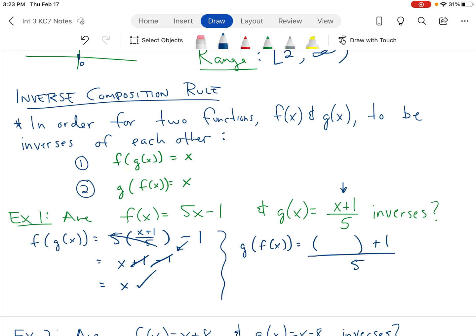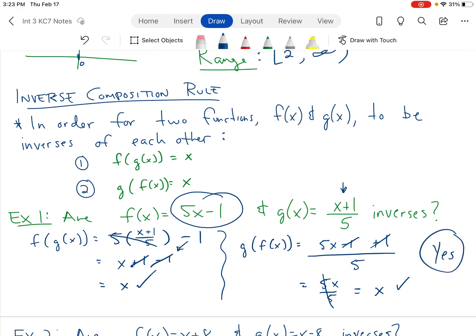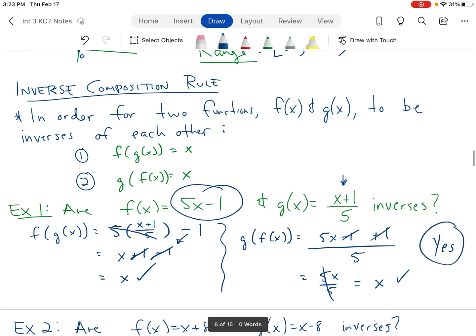And in that parentheses, I'm going to plug in all of f of x, which is 5x minus 1. Now I really don't need parentheses here because I'm not multiplying anything on the outside. So then I can simplify. Negative 1 plus 1 will give me 0. So I'm left with 5x over 5, which will cancel out, and I'm left with x. So yes, these two are inverses of each other.